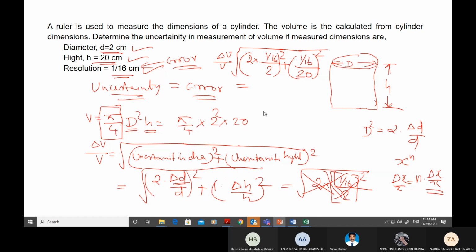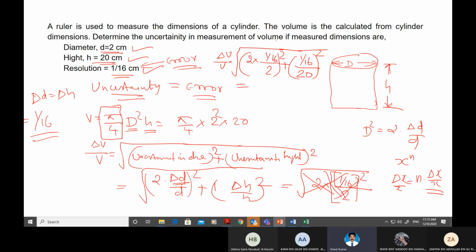Clear? Yes, doctor, clear. So just substitute. Delta d and delta h are given as 1 over 16. Just substitute 1 over 16 here, and then you will get the value.